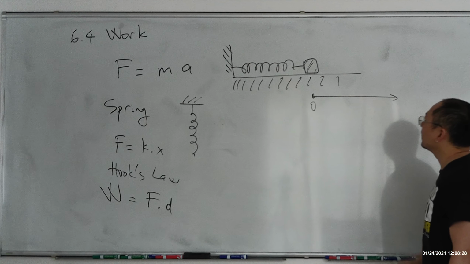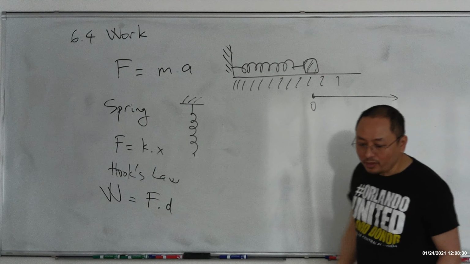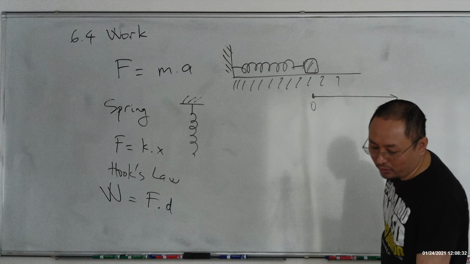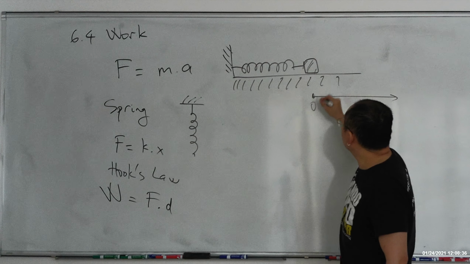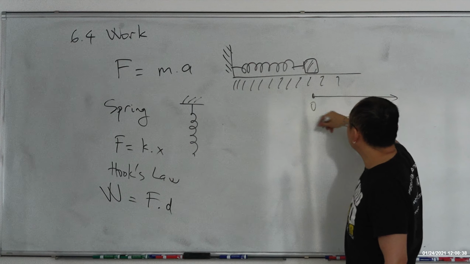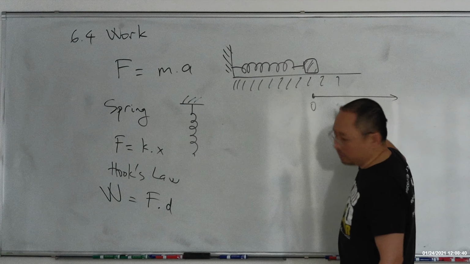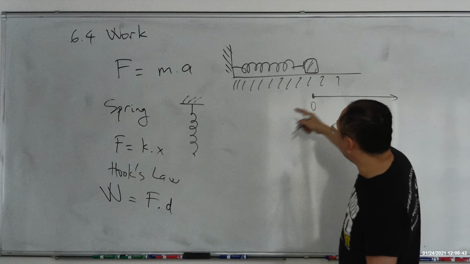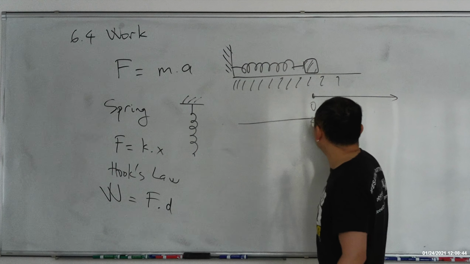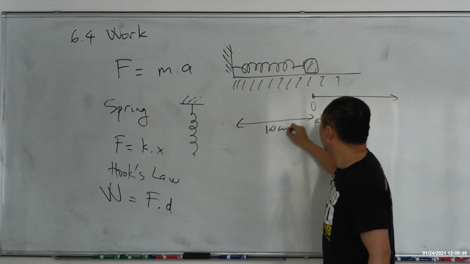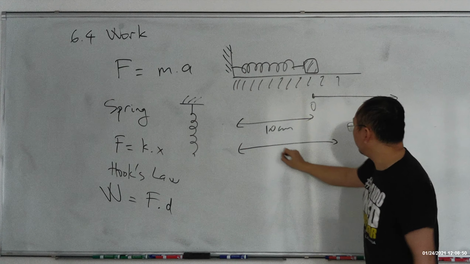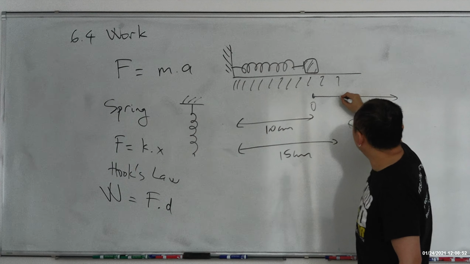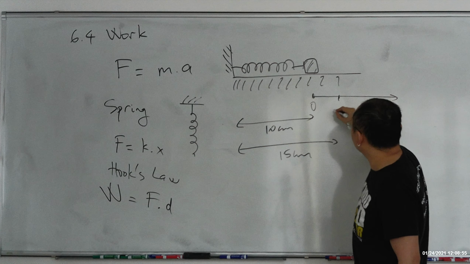No energy needed. And if I move further away, and this is example 3 in the book, say what? I'm going to need a force of 40 Newtons to move the spring from its resting position to 10 centimeters long. From here to here is 10 centimeters. Okay, and I'm going to move this further. We get 15 centimeters. So how far did I move? 5 centimeters.